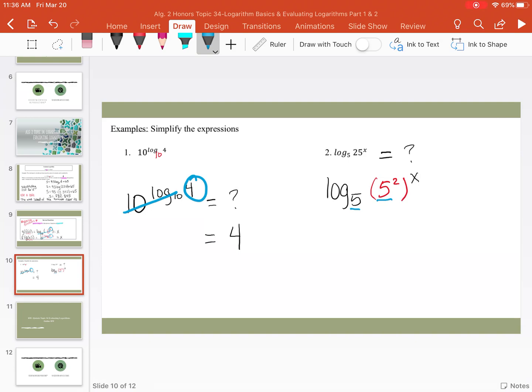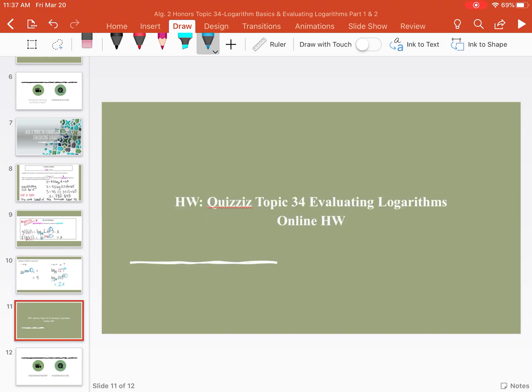So we can simplify this further by using our properties of exponents and rewriting this as log base 5 of 5 to the 2x. Remember, whenever we have a power raised to a power, we multiply them. Now, since these match here, they reduce, and we're just left with our exponent of 2x. And there you have it.